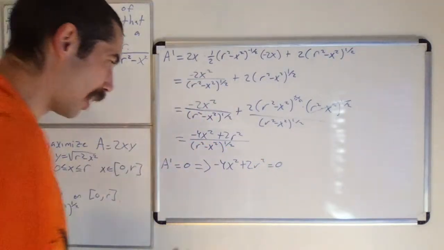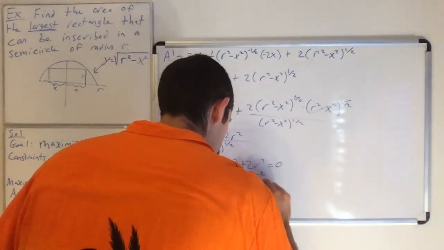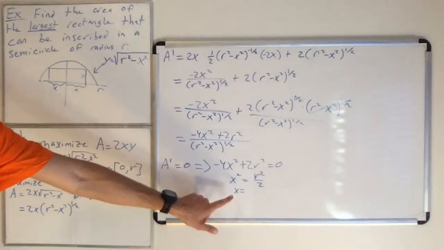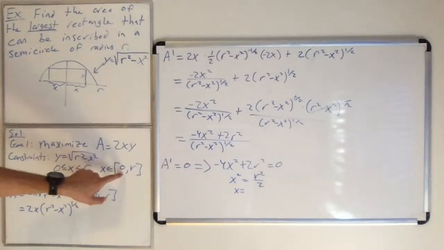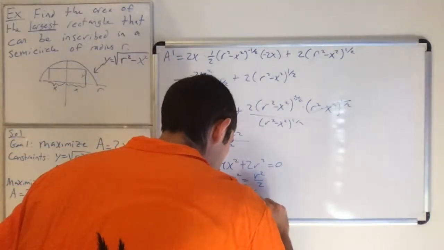And when we solve for x, we get x squared is equal to r squared over 2, or x is equal to, now sure, we'll get plus or minus, but the minus term will be out of our domain. So we'll just have r over root 2.